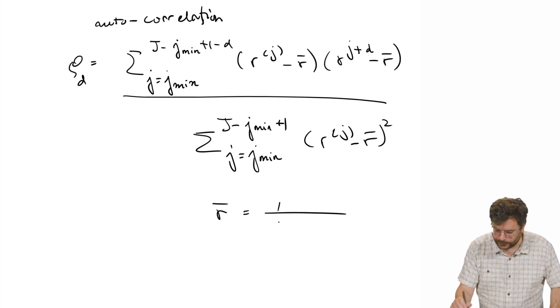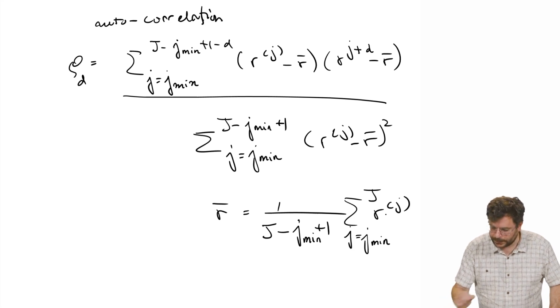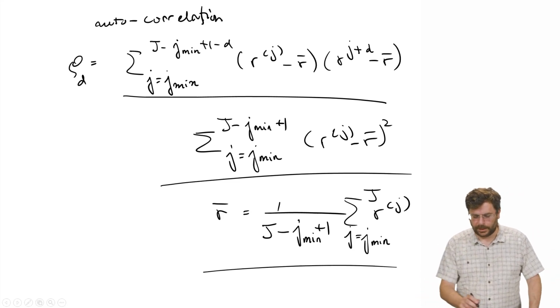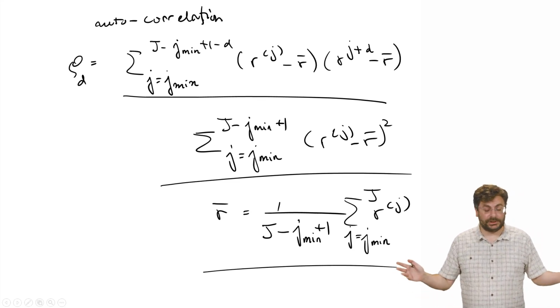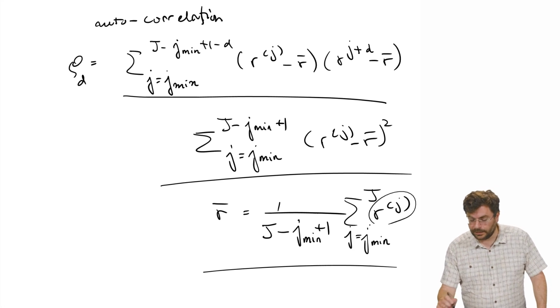R bar equals 1 over J minus j min plus 1 times the sum of r j. So I've just defined r bar. R bar is simply the average from some j min to some big J of my data.